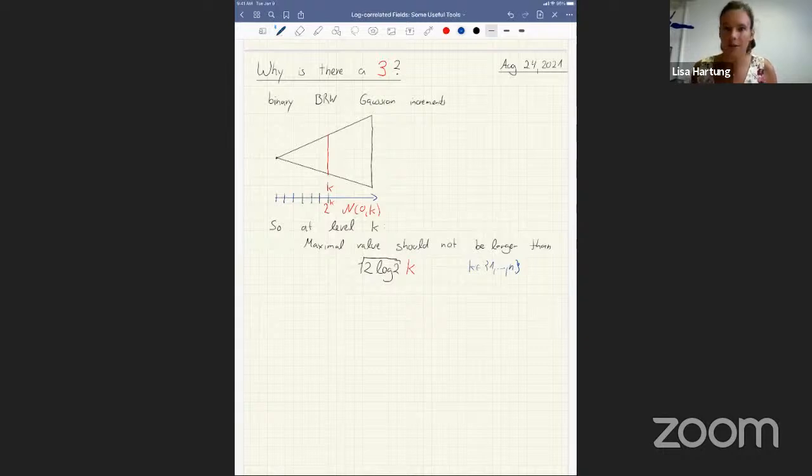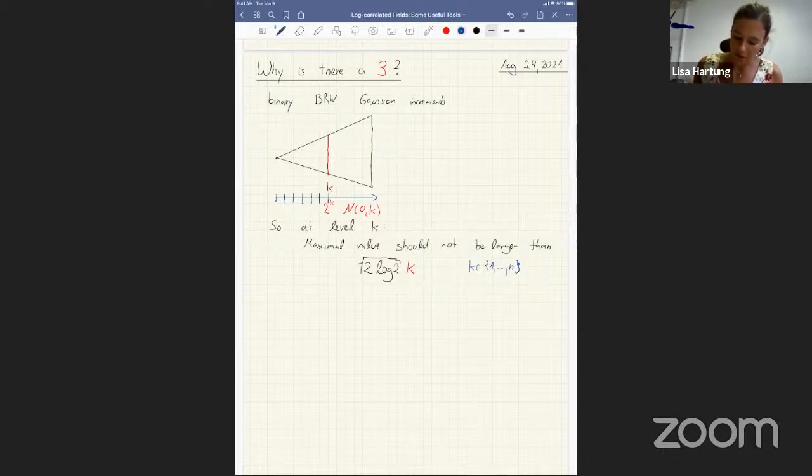I mean, n is obviously just a linear function in n, and for the probability that the maximum was large, we use Gaussian tails. So the cost that at level k I see something that's much larger than the typical maximum should decay in an exponential fashion because I use this Gaussian.